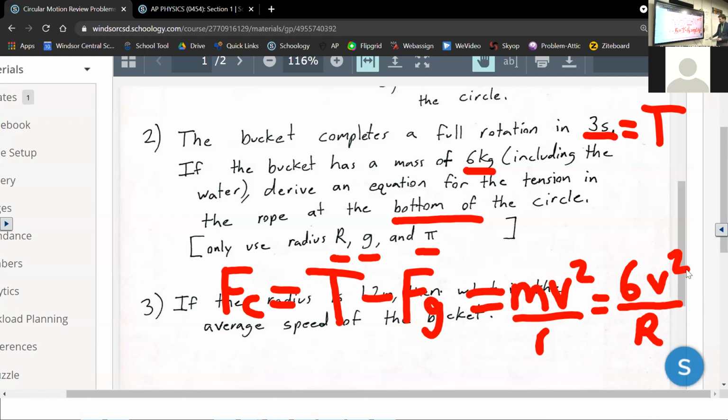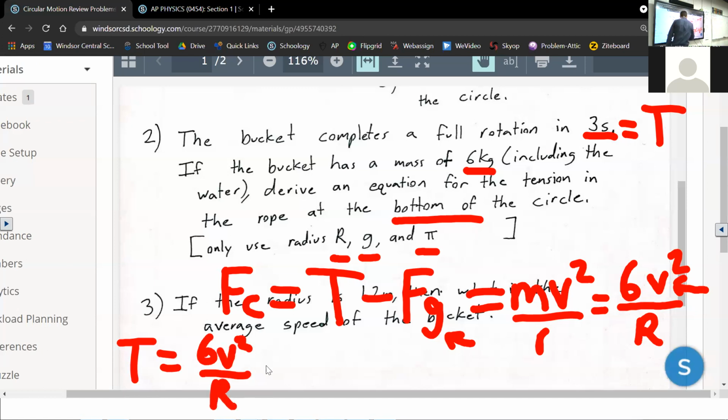So this equation looks like it would get us pretty close, but we still have the problem of v and this Fg. So if I solve for tension, I get tension is equal to 6v squared over big R plus Fg. Okay, so how could I get rid of Fg?